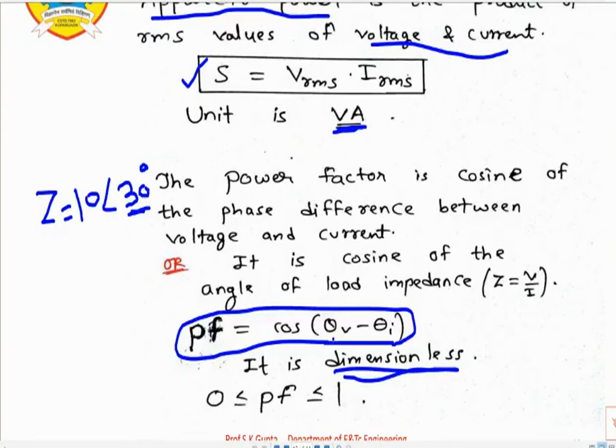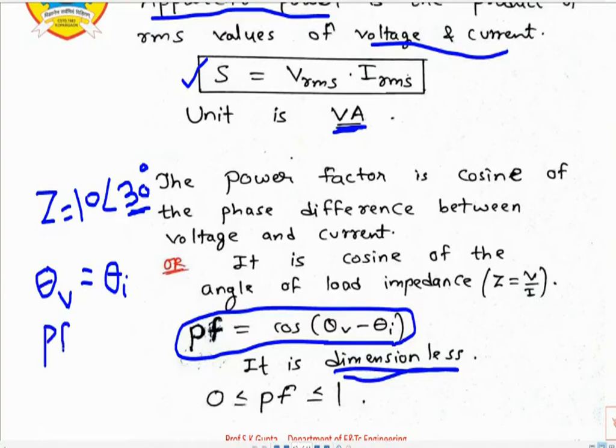So first case, suppose this theta V and theta I is there. In the power factor, cos of theta V minus theta I is there. Suppose my theta V equal to theta I. So in that case, power factor equal to cos of 0, and power factor value is 1.